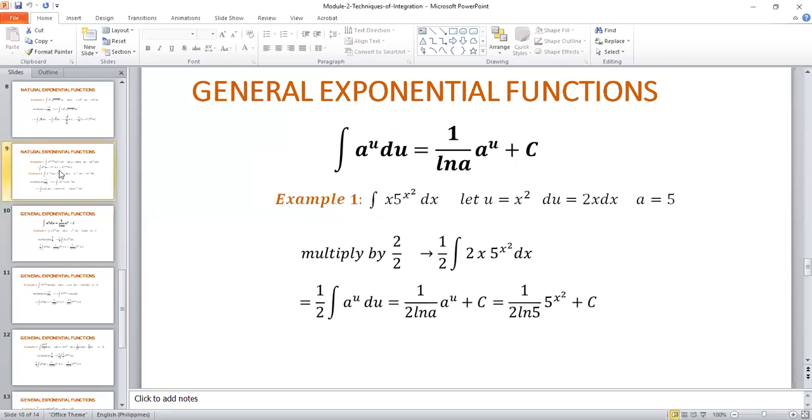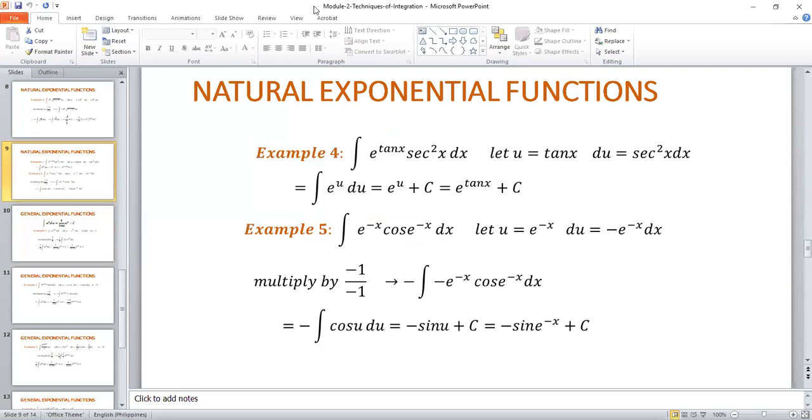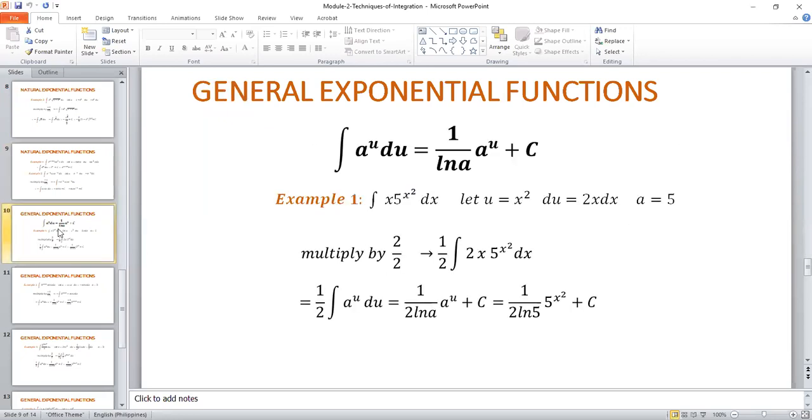Okay, so that one is the natural exponential, meaning the exponential function with base e. What about if it's the general exponential function? When we speak of a general exponential function, the base is a real number.